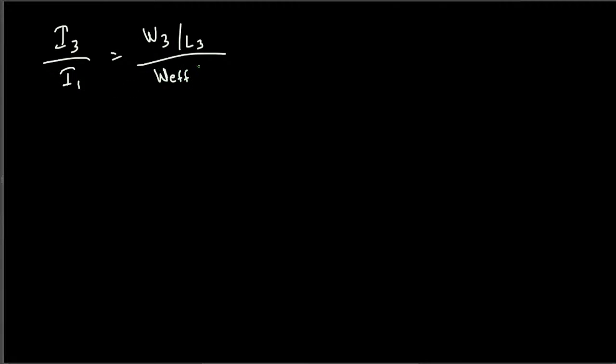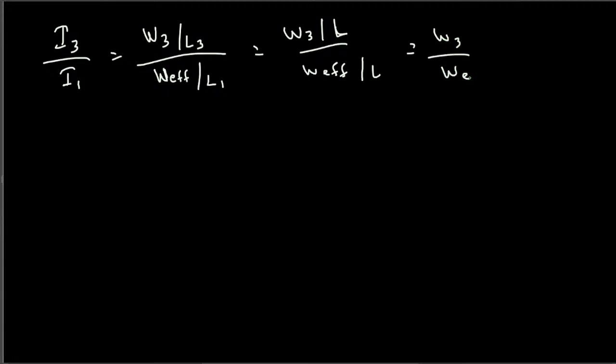So W efficient over L1, and the lengths are equal, so L cancels, and you end up getting W3 over W efficient. Therefore I3 divided by I1 is equal to W3 over W efficient, and we can put all the values in right now.